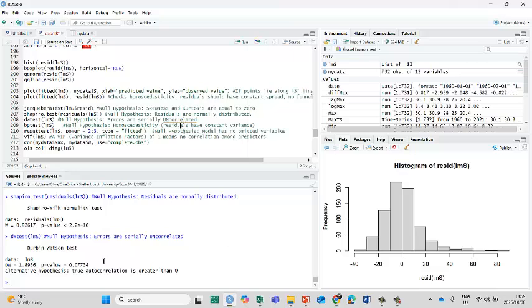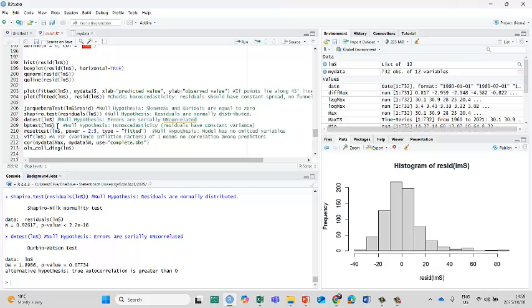That's very good. And the p-value is bigger than 0.05. The statistic is close to 2. So that's good. It's bigger than 0.05. So therefore, we accept the null hypothesis. What's the null hypothesis? Errors don't have any correlation. So that's very, very good.